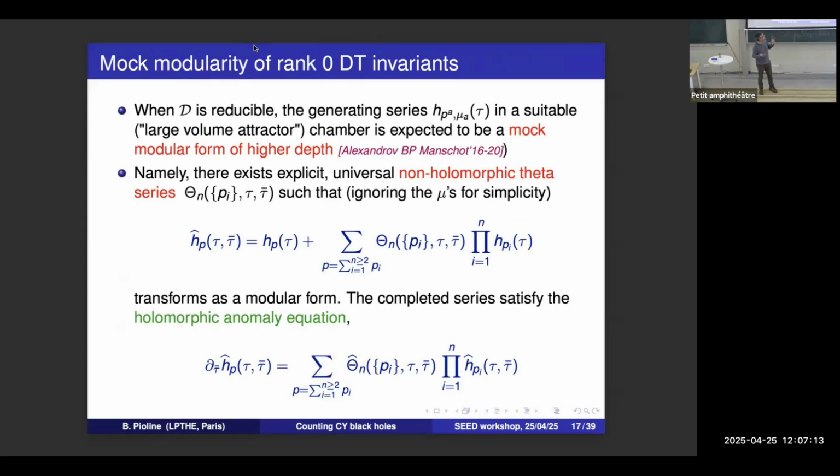It's a sum over lattice vectors of n copies of the lattice, and the kernel is some kind of generalized error function. But in fact, you can rewrite it as an iterated Eichler integral of a Euclidean lattice theta series.